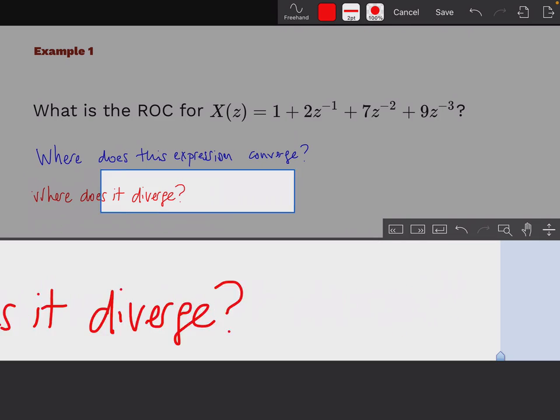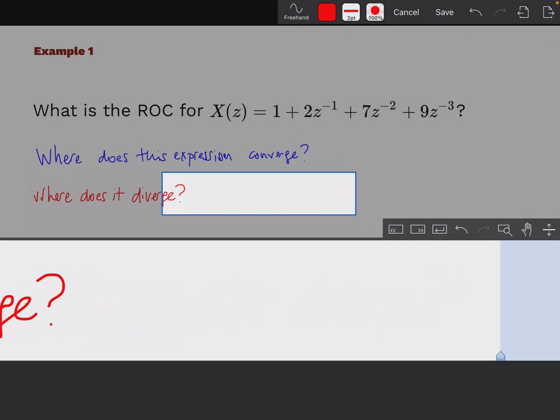Now the second question is perhaps easier to answer. It converges everywhere except z equals 0, because 1 over 0 will make the series diverge.